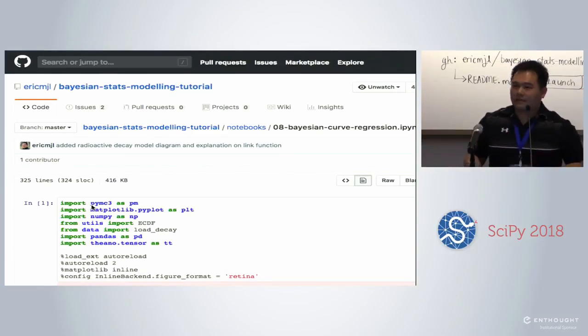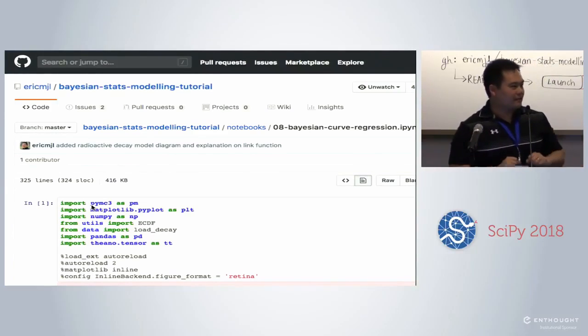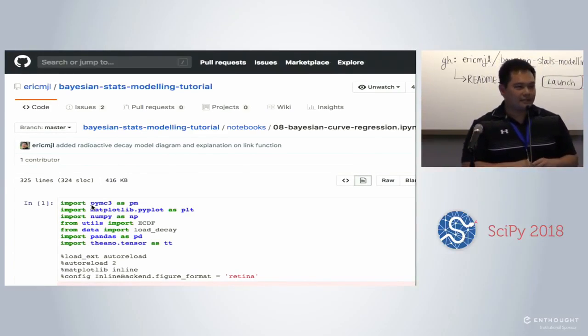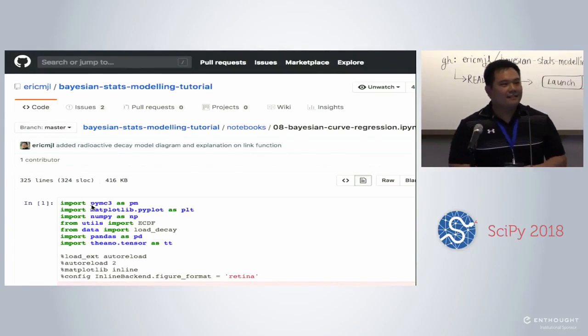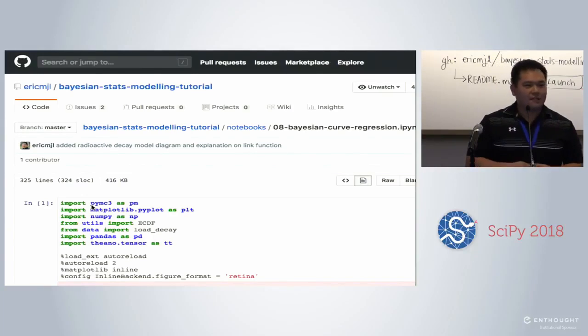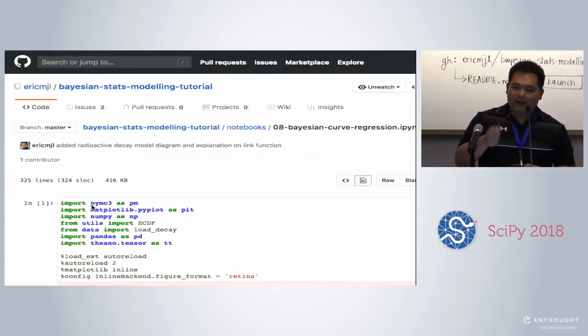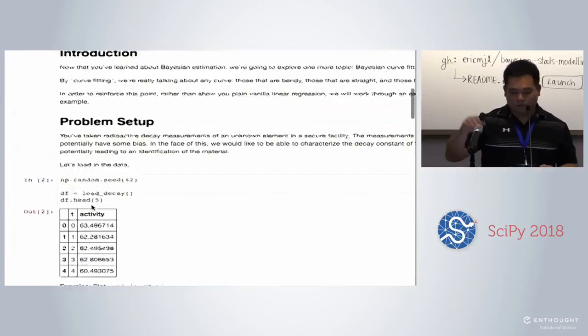Now, normally, we would pick the linear regression case. But linear regression is like fitting a line, so it's kind of uninteresting. So let's actually fit a curve and drive home the fact that you can do math inside PyMC3 models which describe the curve that you are trying to fit. All right? That's all I want to drive home with this notebook.